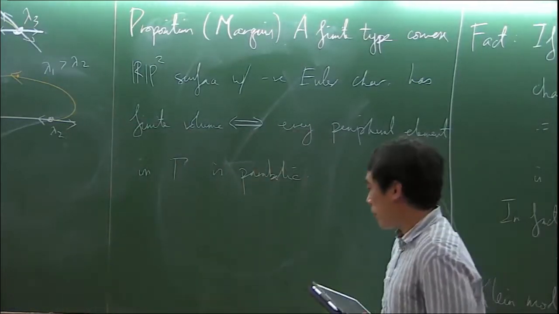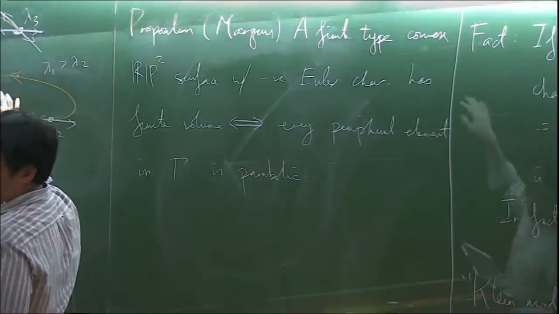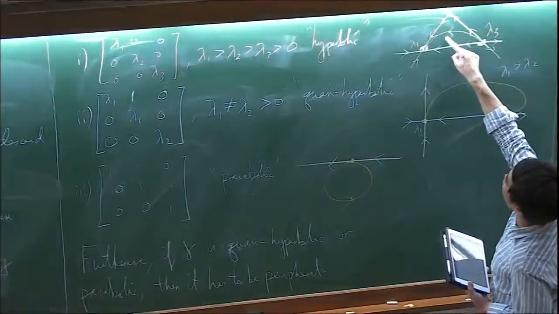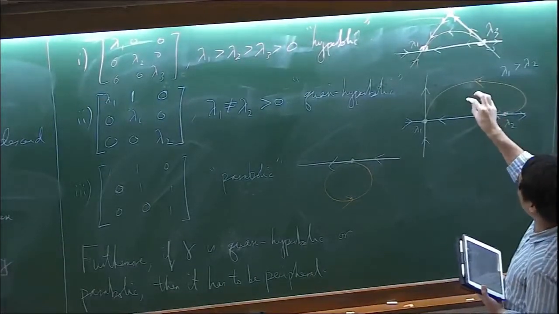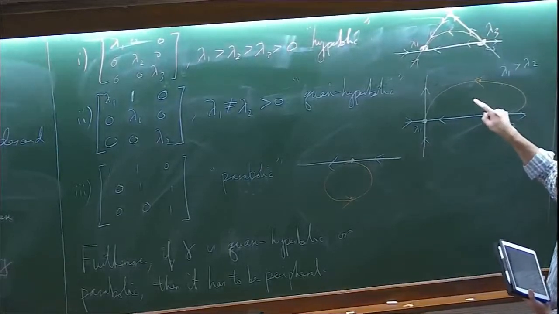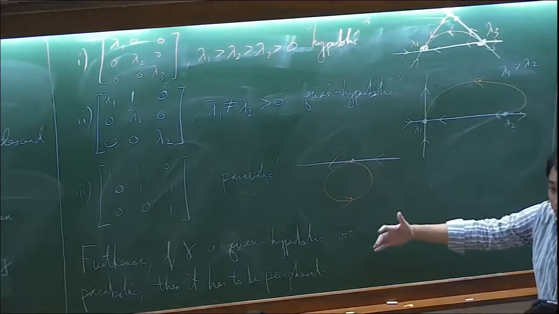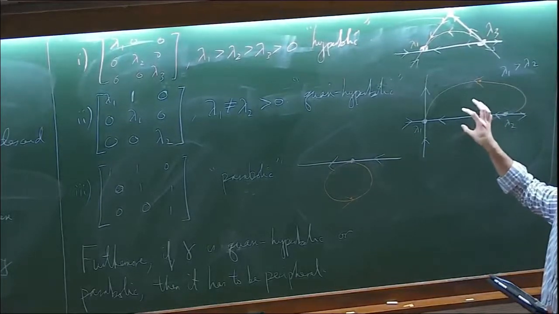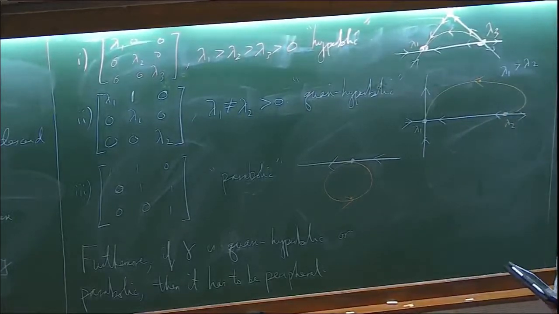Okay? Basically what happens is that when you have an end that is hyperbolic or quasi-hyperbolic, you can find a sequence of points going towards the end, okay? And a sequence of numbers going to infinity, so that for every point as you go out, you can put a bigger and bigger embedded disk inside of the surface. Okay? And that forces your volume to be infinite.